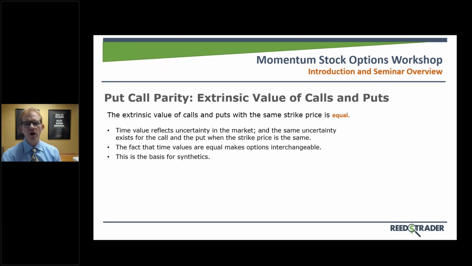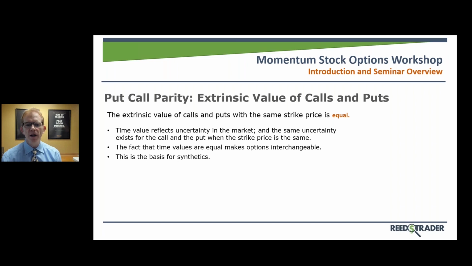If you're certain the call is going to be in the money, then you're also certain that the put is going to be out of the money. If you're uncertain that the call is going to be in the money, you're also uncertain if the put's going to be in the money. They are equal. So time value reflects uncertainty in the market, and the same uncertainty exists for the call and the put when the strike price is the same.